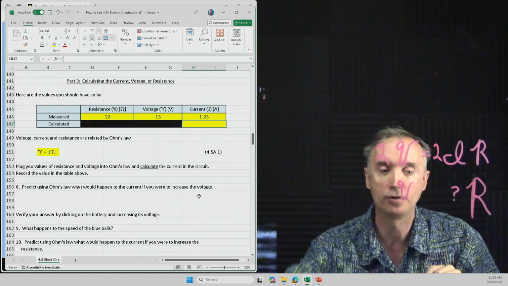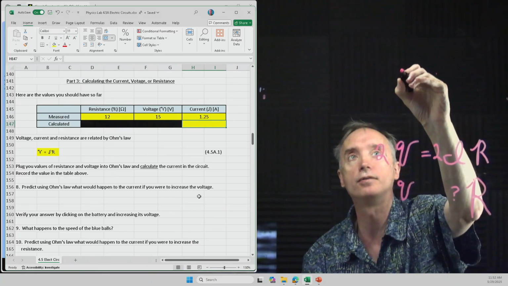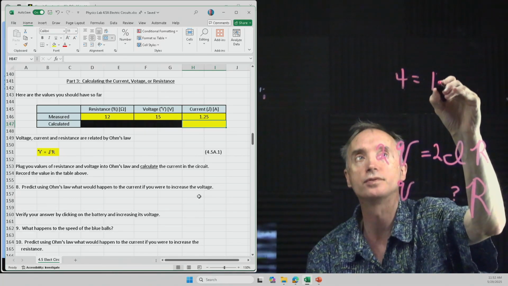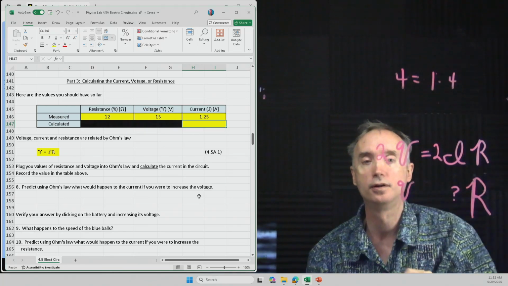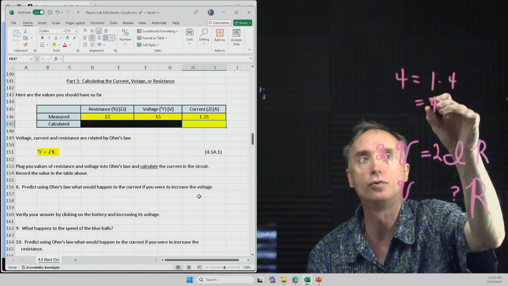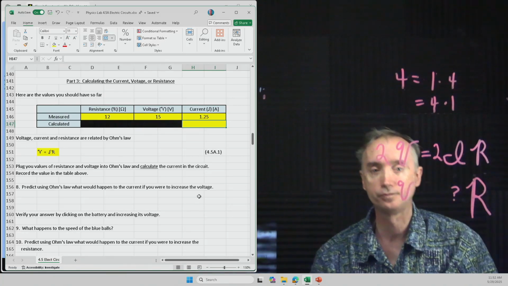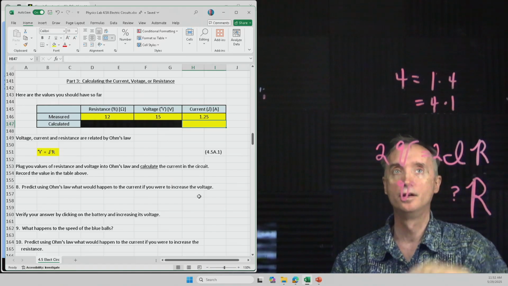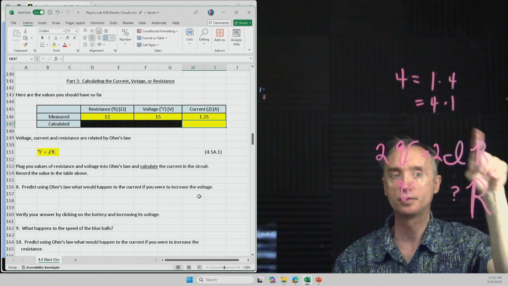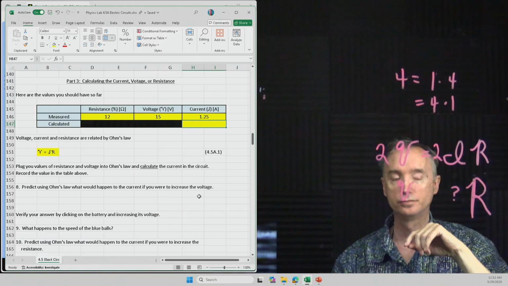Okay, now in order to figure this one out, think about that 4 is equal to 1 times 4. But it's also equal to 4 times 1. So you notice that a little number times a big number can be the same thing as a big number times a little number.